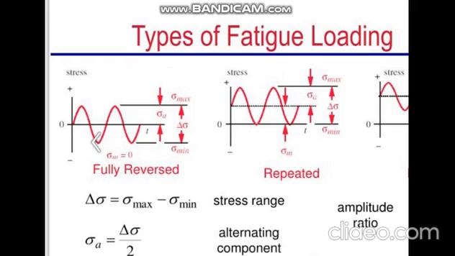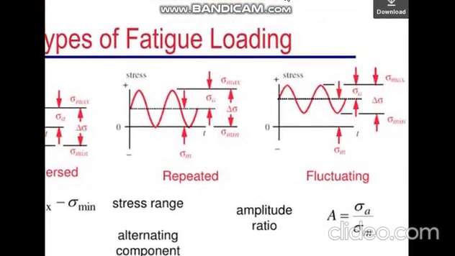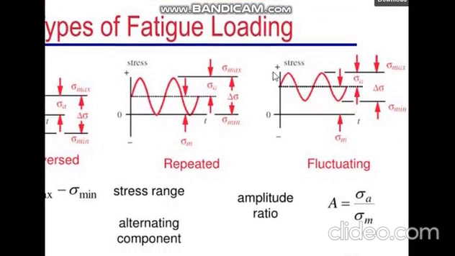This is the fully cyclic loading that we have seen, and this is only on one side, so this is called a repeated loading. This one has come up to 0, that's why it is called repeated loading. This one didn't even touch 0, therefore it is called fluctuating loading.